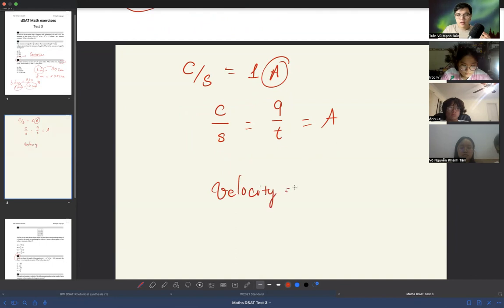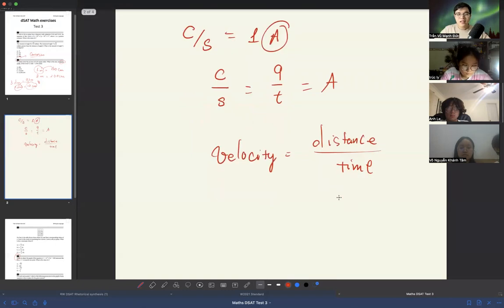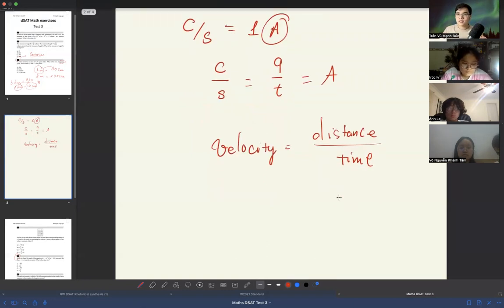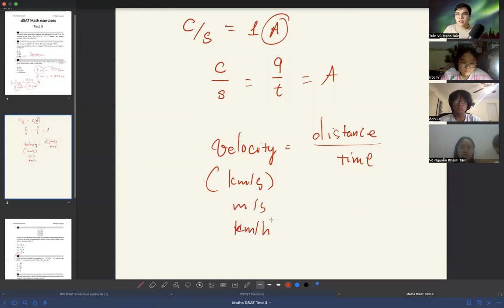Velocity equals distance divided by time. The unit of velocity is either kilometer per second, meter per second, or kilometer per hour. And you can very easily assume the formula from this one.